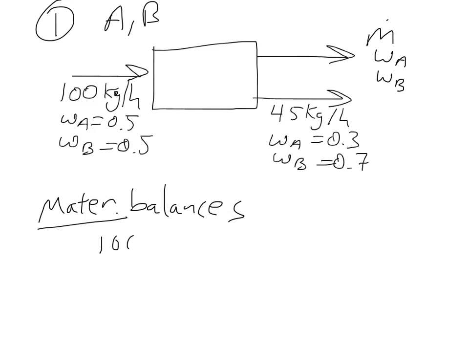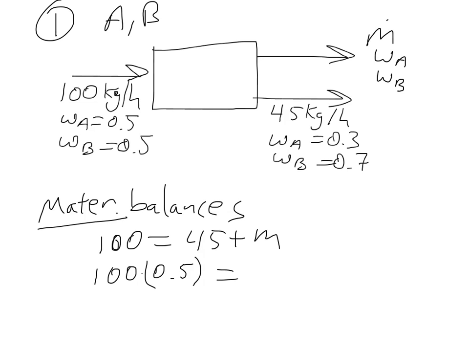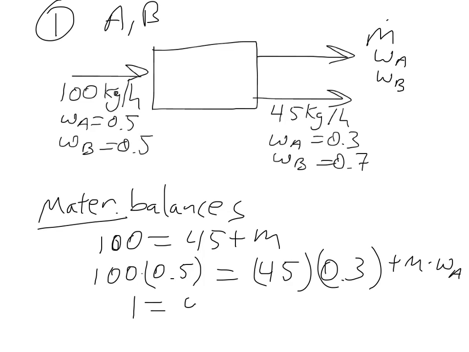I can write out my total balance. That's my total balance right there. I can write out a balance on A. So that's my material balance on A. The third equation that I'm going to use is 1 is equal to WA plus WB.